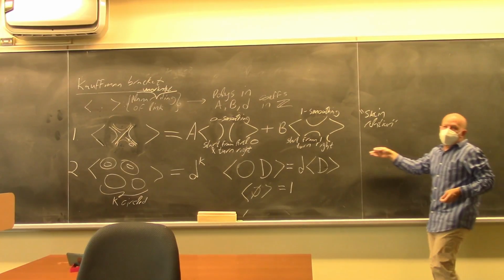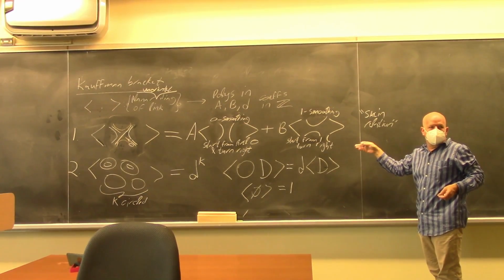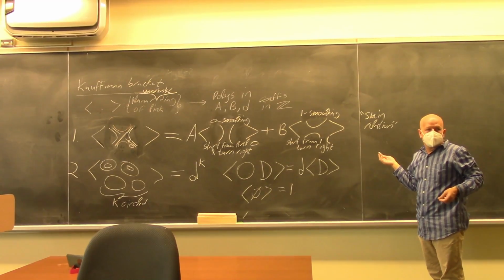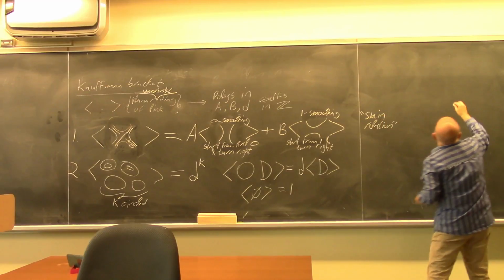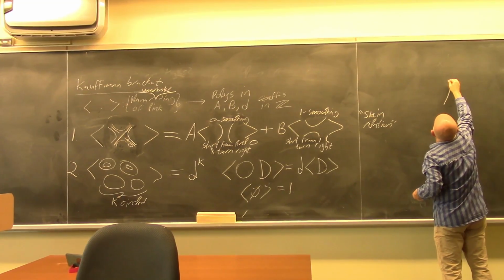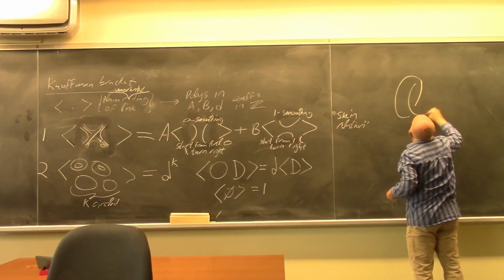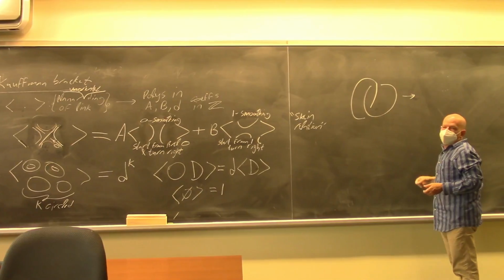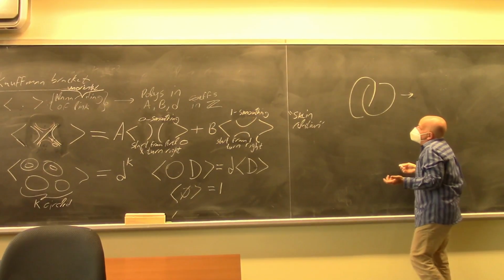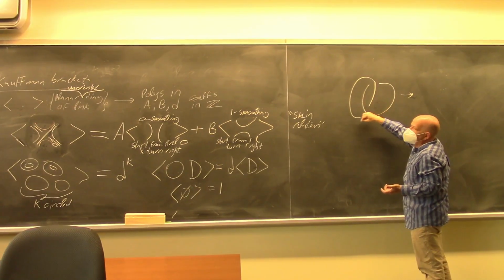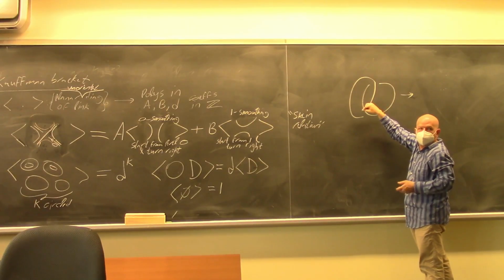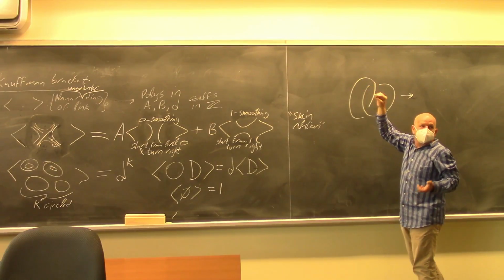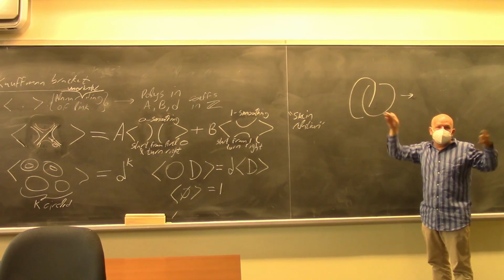Okay, this is clearly a well-defined functional on unoriented link diagrams. Because if you have a link diagram with any number of crossings, let's say 2, you smooth this one in the two possible ways, you smooth this one in the two possible ways, you get a total of 4 smoothings.